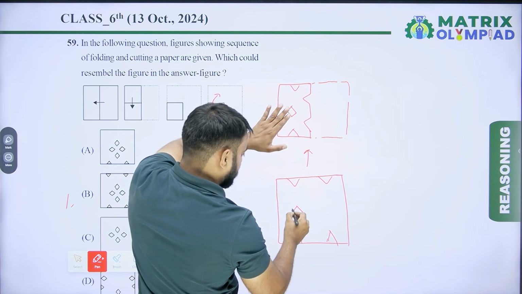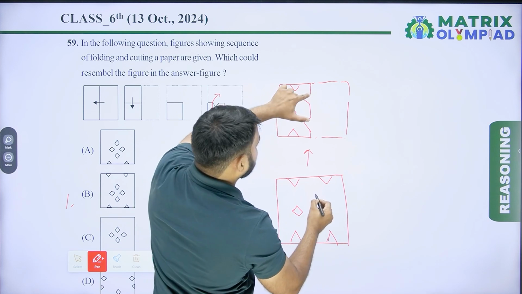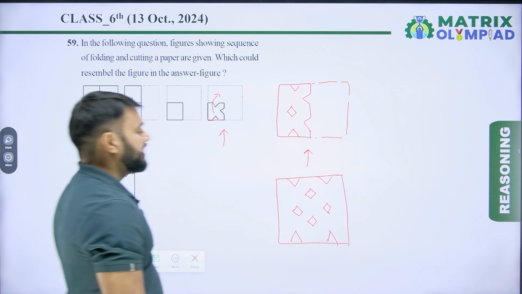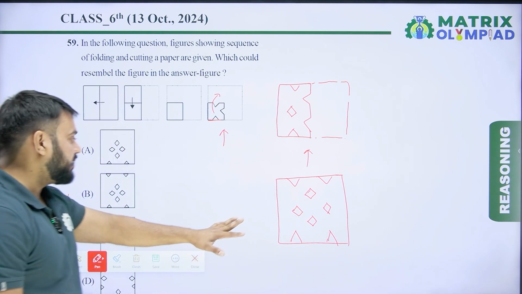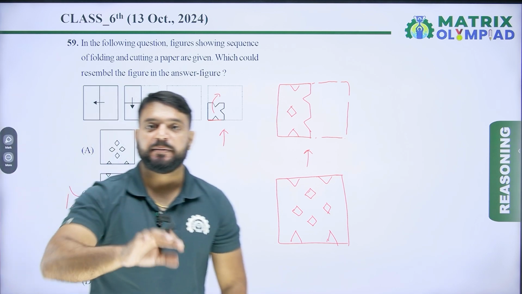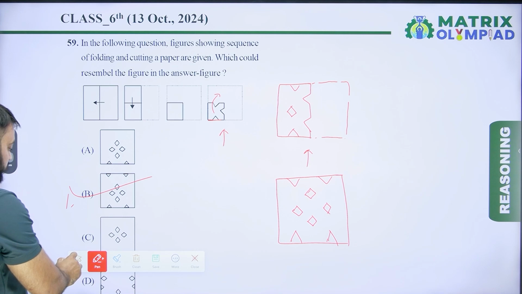So mirror image of this part like this. Now mirror image of this part like this. This is the correct unfolded paper after cutting. So now here option B is the correct unfolded paper after cutting. So now here option B is the correct answer of this question.